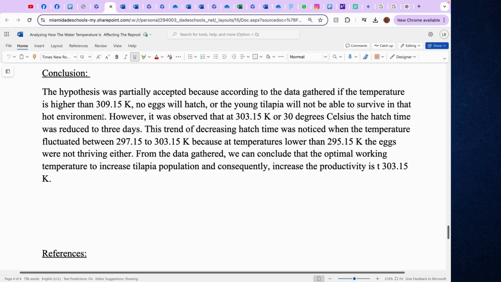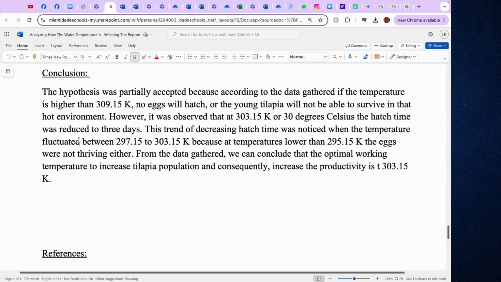Now you have to start explaining. Once you write that first sentence, you have to start explaining your results. See? And that's what I did. Then I was explaining that at this temperature, the hatch time was reduced to 3 days. And then I explained that this trend of decreasing hatch time was noticed when the temperature fluctuates, and fluctuation means it was between this and this number.